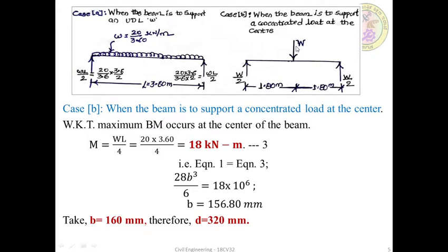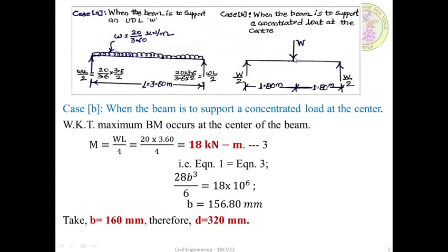Here the total downward load is capital W, and the supports are the left and right supports. It is symmetrical about the vertical axis, so the load is equally shared by the supports, nothing but W by 2 on the left side and W by 2 on the right side. And also the moment at this point will be given as the force into perpendicular distance. Force is W by 2 multiplied by the length, 1.8 meter.